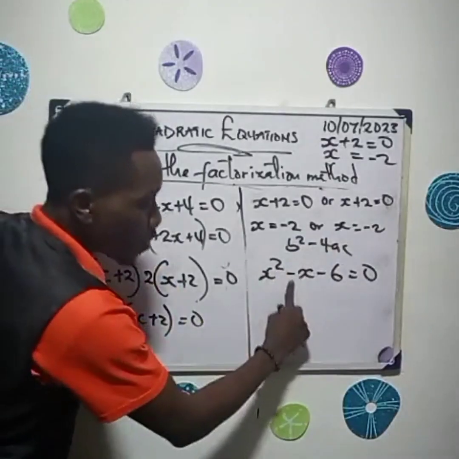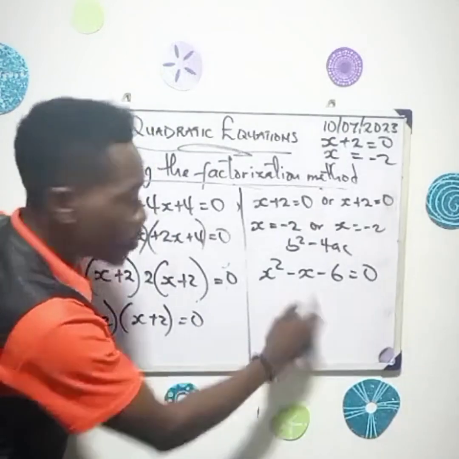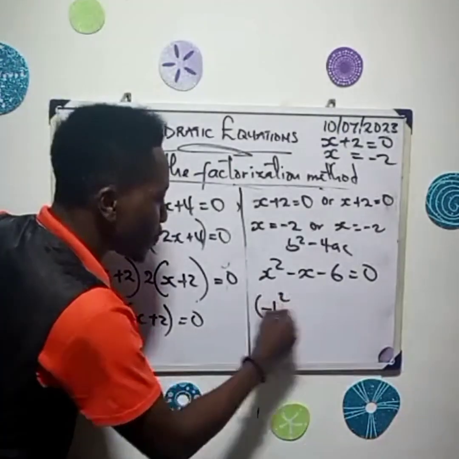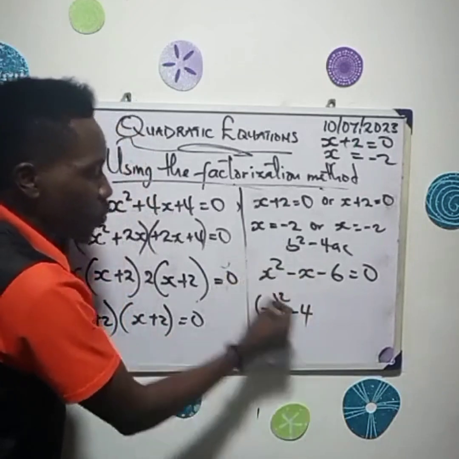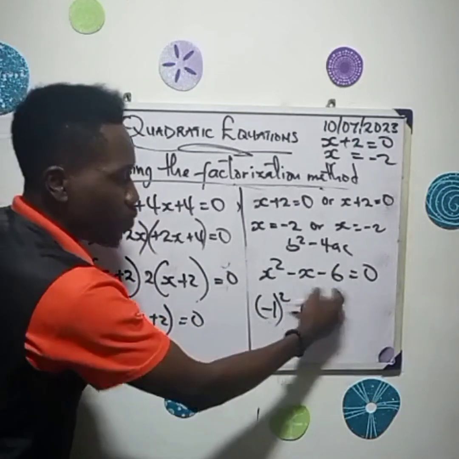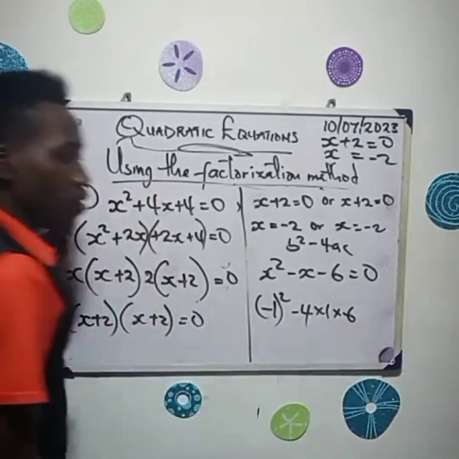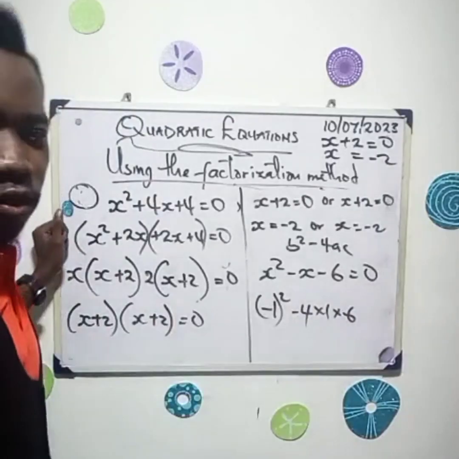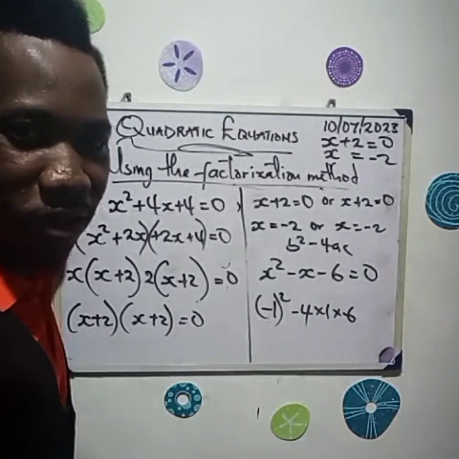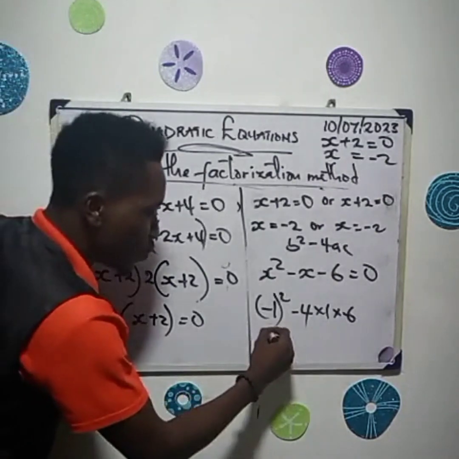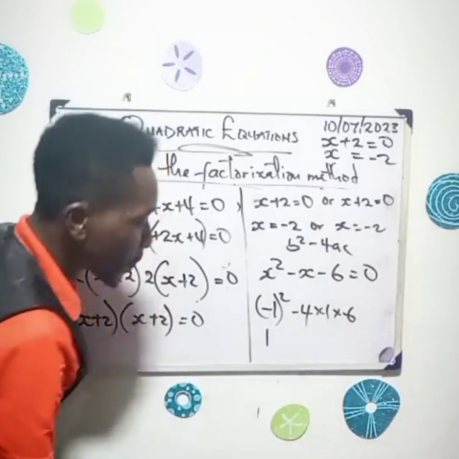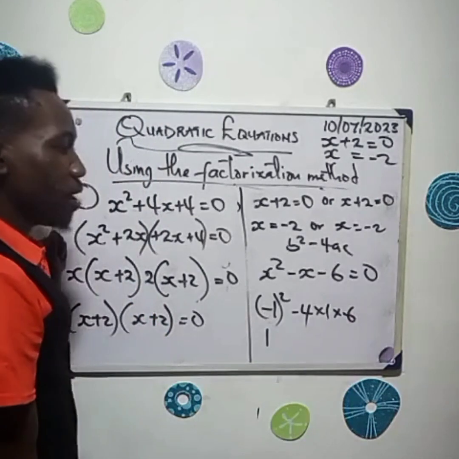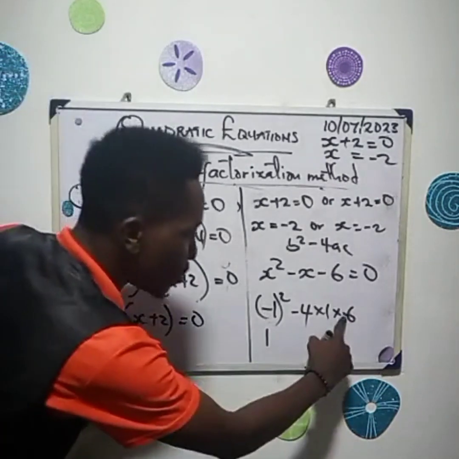So b squared, our b here is minus 1, so minus 1 squared minus 4 times a, which is 1, times c, which is minus 6. So what is minus 1 squared? Minus 1 times minus 1. Minus times minus is plus, which is 1. Minus 4 times 1 times 6. Sorry, this is minus 6.